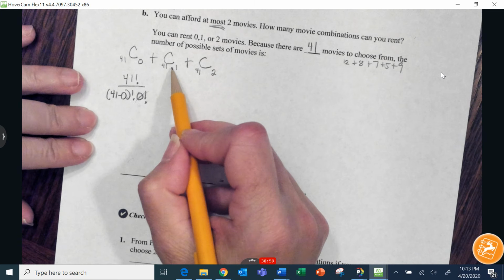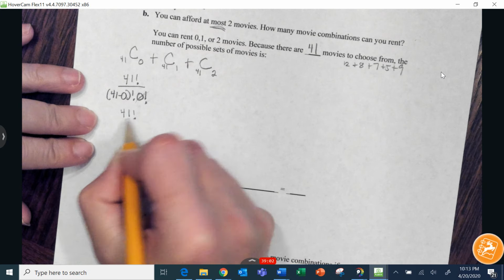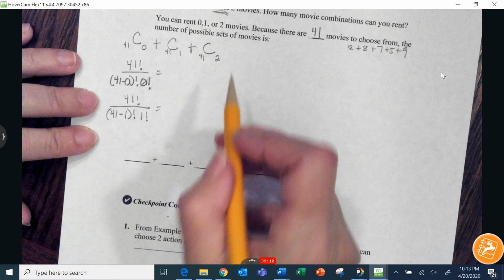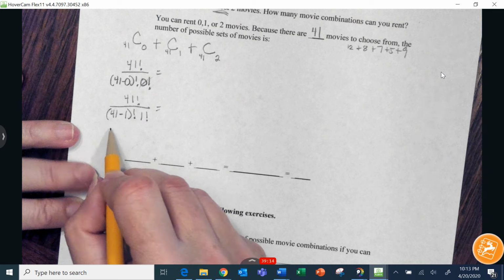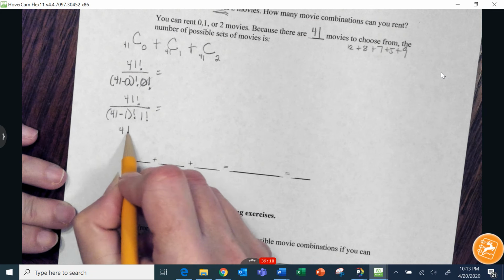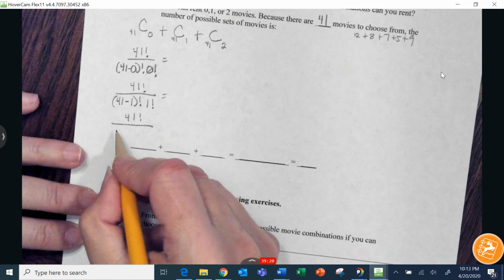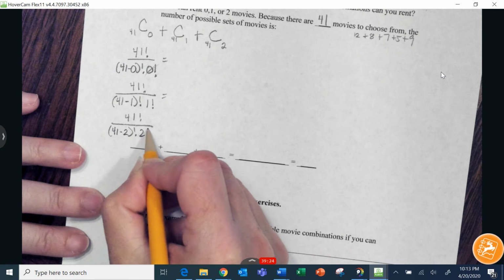The second one is going to be 41 factorial divided by 41 minus 1 factorial times 1 factorial. And then the third one is going to be 41 factorial over 41 minus 2 factorial times 2 factorial.